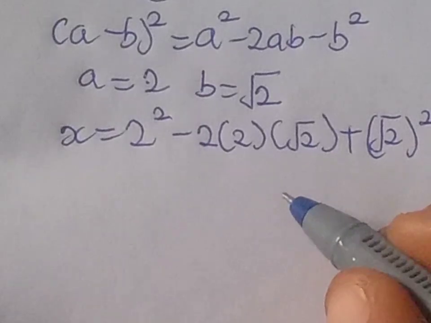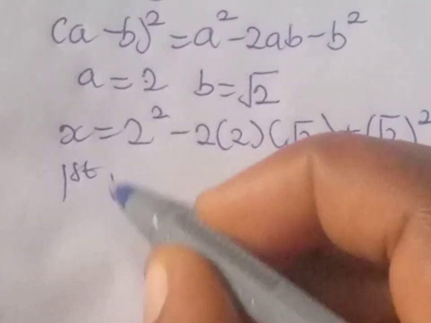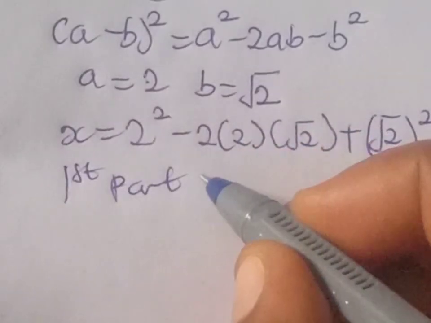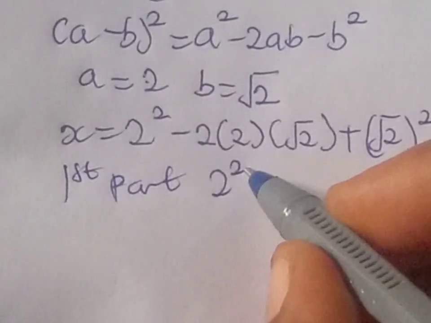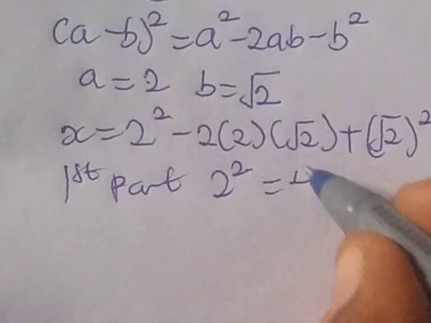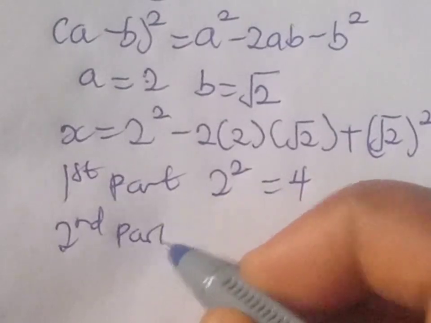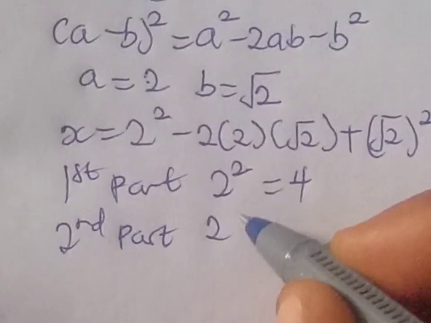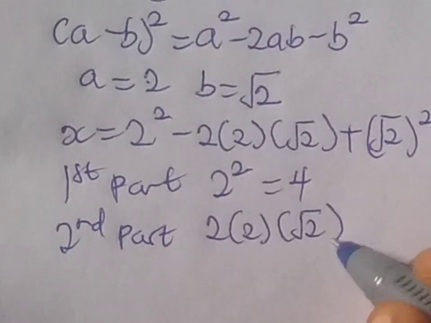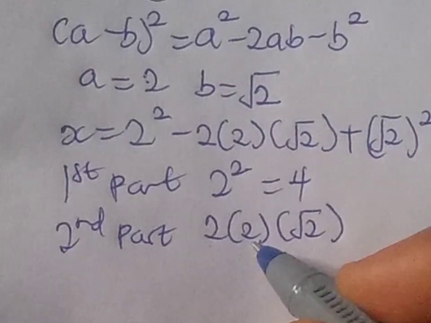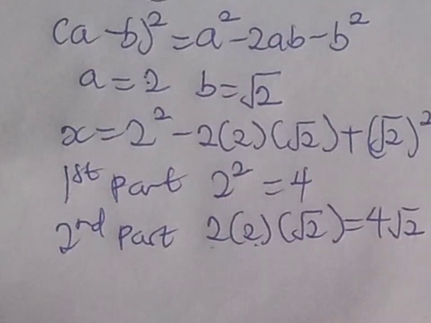Now let's compute each part. The first part is 2 squared. 2 squared means 2 times 2, which will give us 4. The second part is 2 times 2 times square root of 2. 2 times 2 is 4, which will give us 4 root 2.